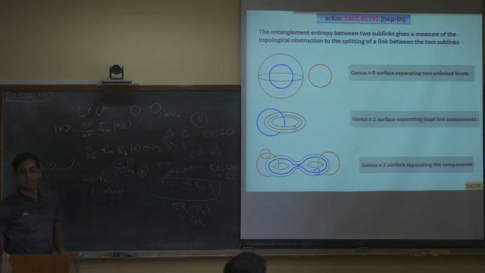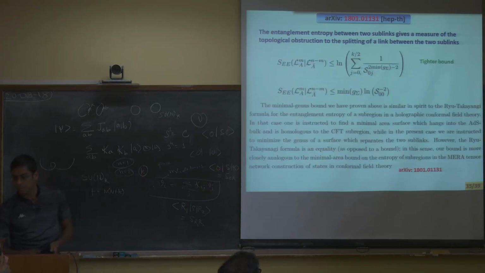Right, but this is the minimum genus. You can also put a torus here to separate, right? So you are saying that entropy should just be the dimension of the Hilbert space on that? No. The entropy follows this bound. This is a simpler bound.